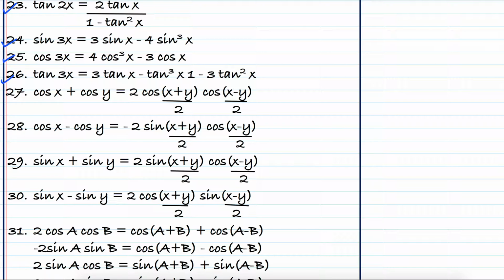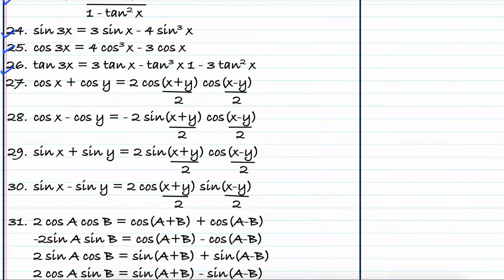For example, we may know the value of cos 30 degree, cos 45 degree, cos 60 degree, but cos 15 degree we don't know. So we can always express 15 as the difference of 45 and 30, or 60 and 45. So sometimes these formulas come in handy. We will see how to prove it.